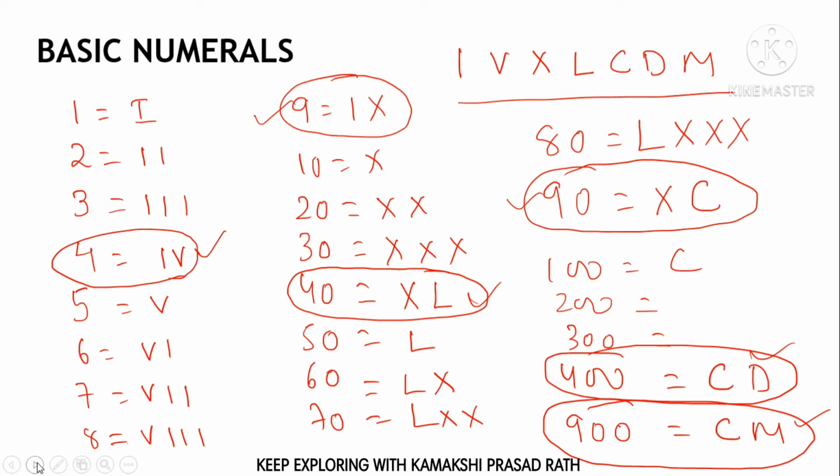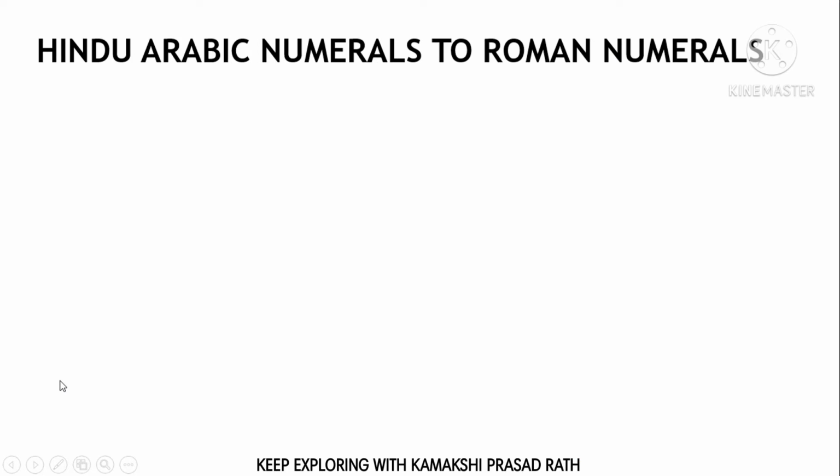So let's start with some Hindu-Arabic numerals. Let us take the number 27. Whenever you are converting from Hindu-Arabic to Roman numerals, we use the expanded form. The expanded form of 27 is 20 plus 7.